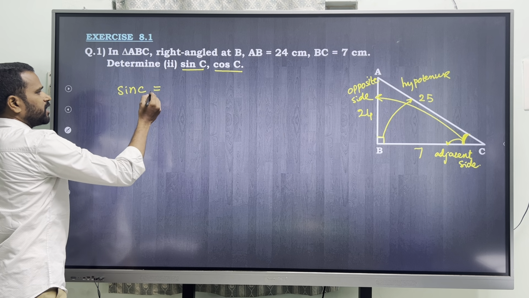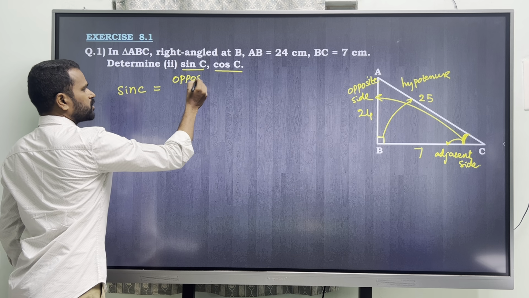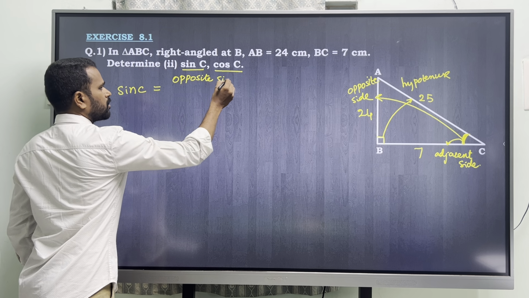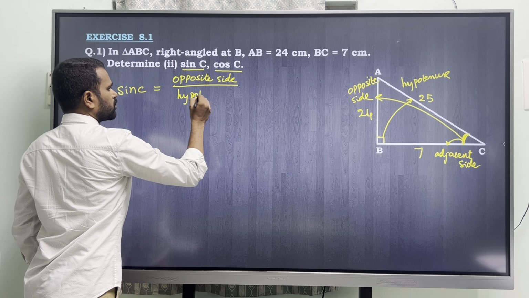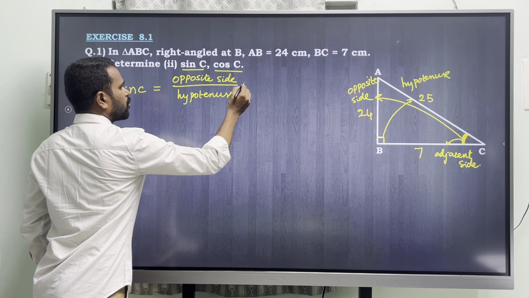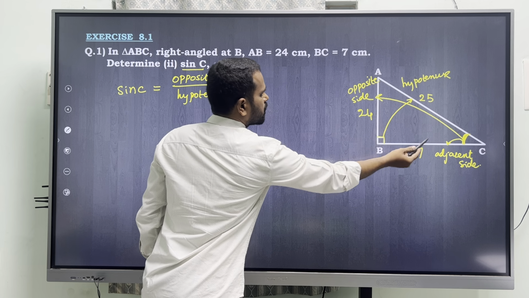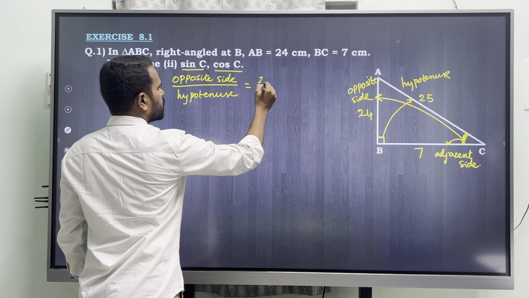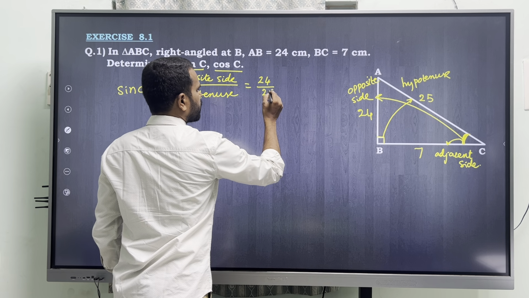Now let us find the trigonometric ratios sin C and cos C. The definition of sin C is opposite side by hypotenuse. What is the opposite side here? It is 24 and hypotenuse is 25, right?